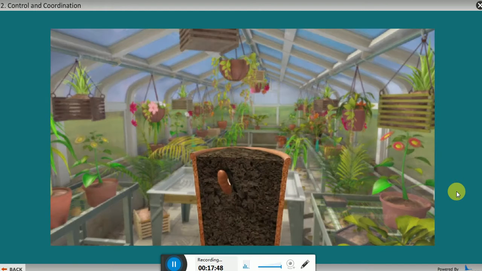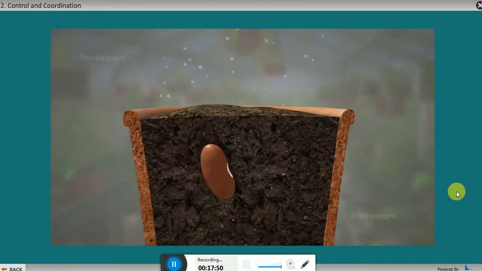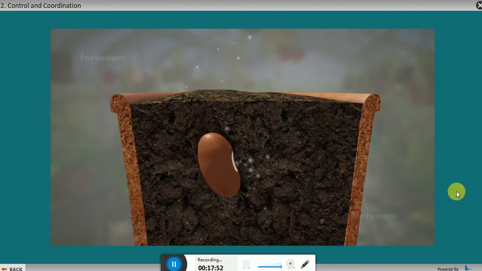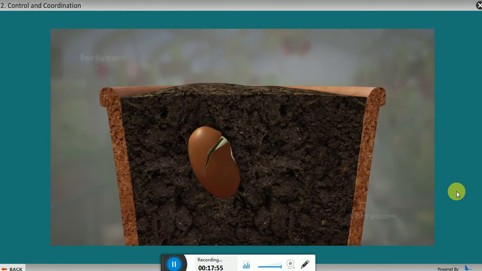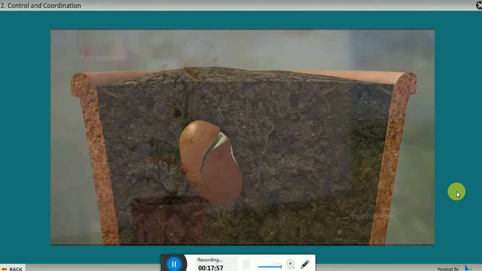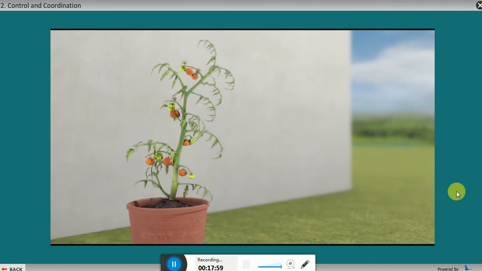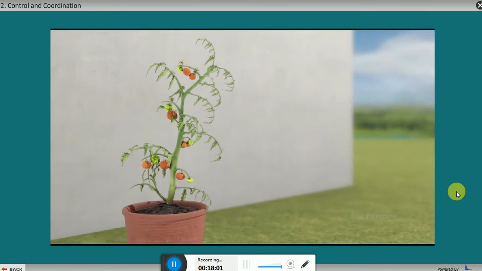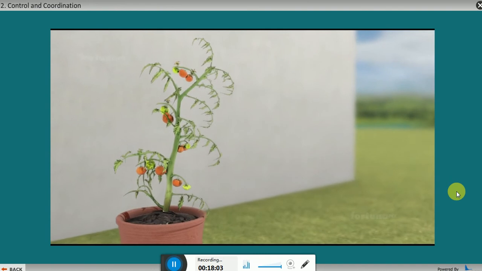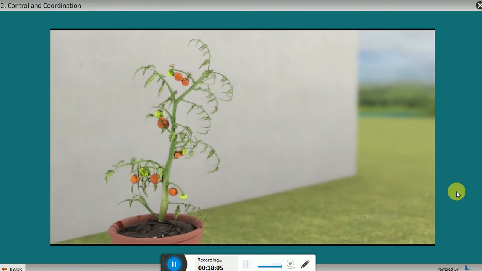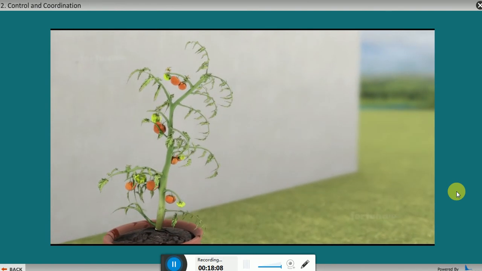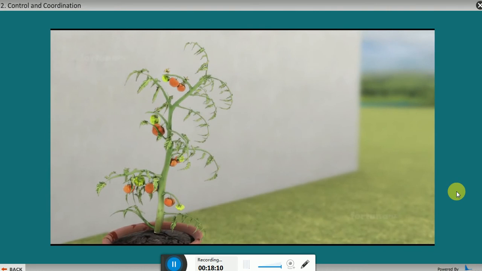In seeds, it causes dormancy, ensuring the seed will germinate only when conditions are favorable. The production of abscisic acid increases in the leaves at the onset of drought, causing the leaves to wilt as a means of conserving water.